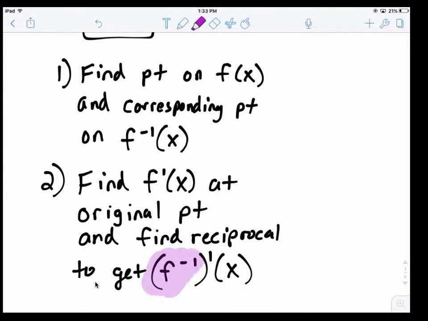This here is the derivative of the inverse, or the slope of the inverse.